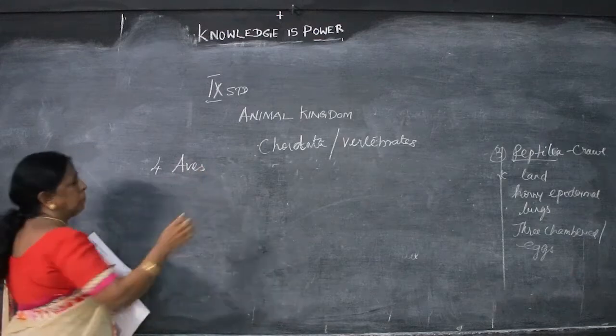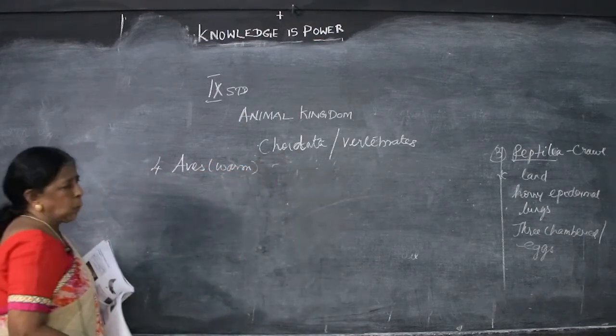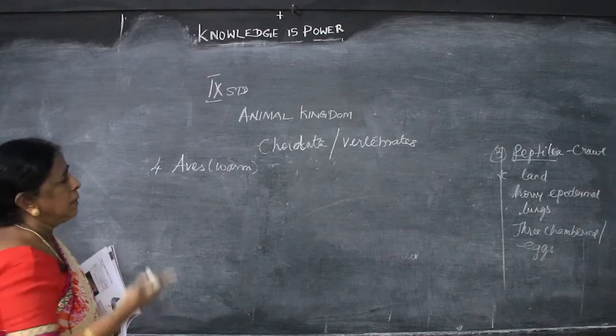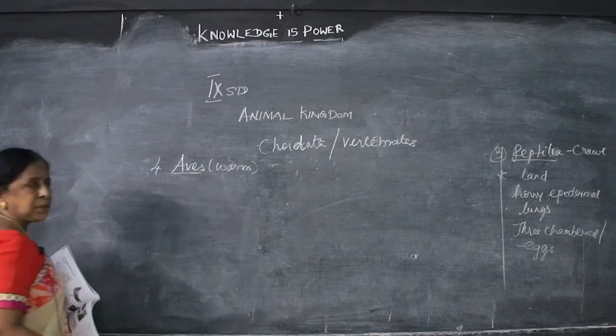This is the first warm-blooded animal. The first three divisions you have seen, Pisces, amphibia and reptilia, are cold-blooded animals. Aves are warm-blooded animals. They are nothing else but birds.